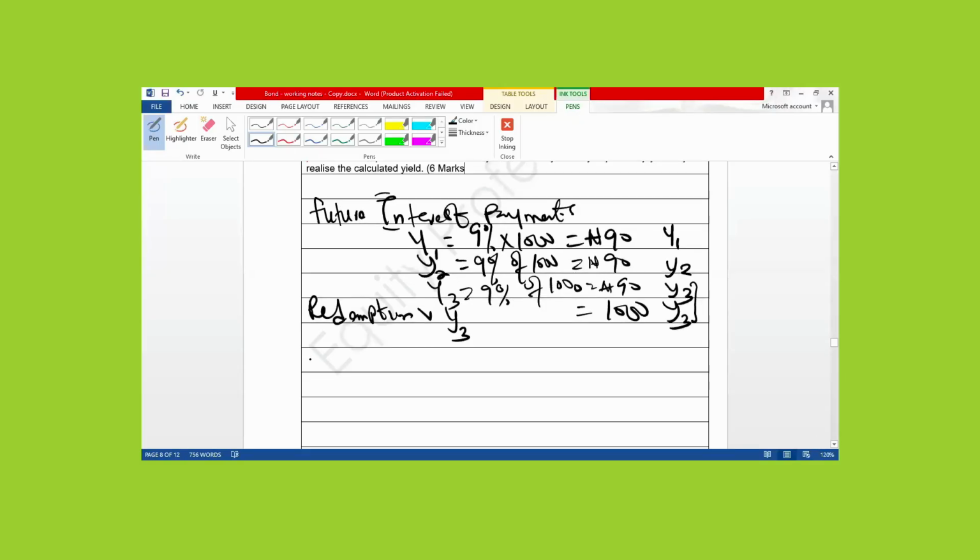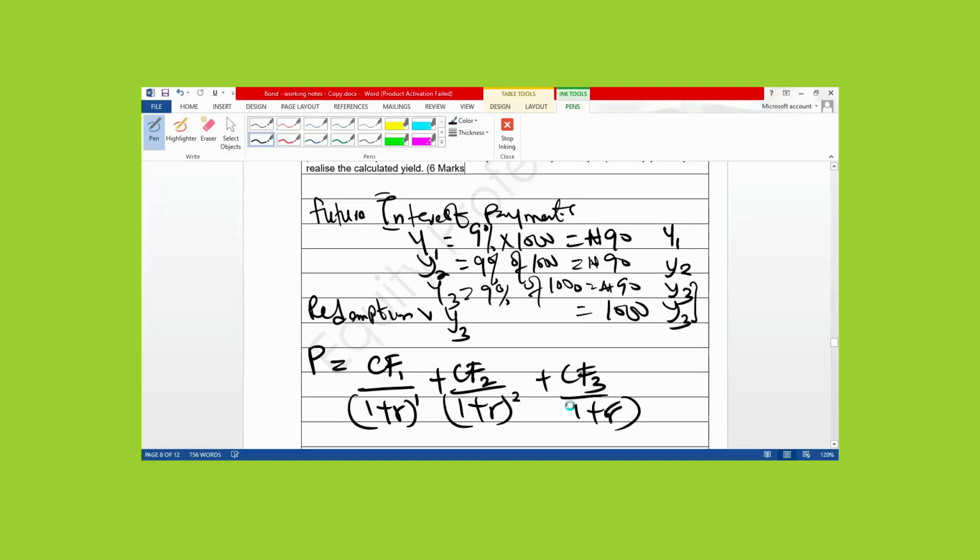And we said the price of this particular bond is cash flow in year 1 over 1 plus R in year 1 raised to power 1, plus cash flow in year 2 over 1 plus R in year 2 raised to power 2, plus cash flow in year 3 over 1 plus R in year 3 raised to power 3.